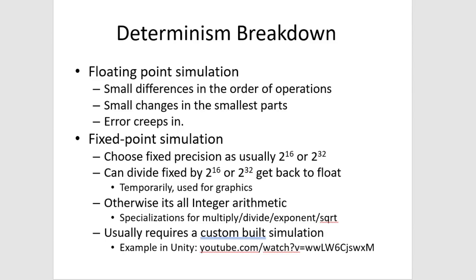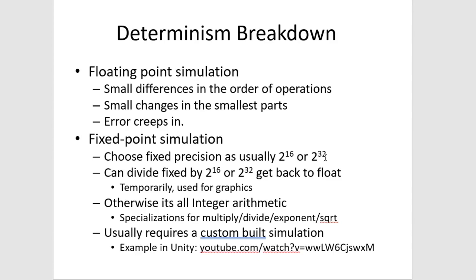So the one place that we can actually start to get predictable results is from the integer arithmetic. The trick there is that we use what's known as fixed point simulation or fixed point arithmetic. We're actually using an integer to represent a floating point value. We take our floating point value, multiply it by, say, 2 to the 16th or 2 to the 32, which shifts the bits upward into the upper region. It'll also squish the highest level of bits, but let's not worry about the details of that too much.